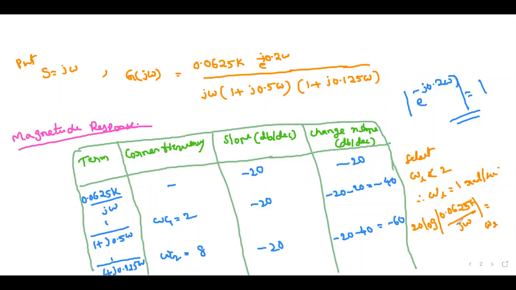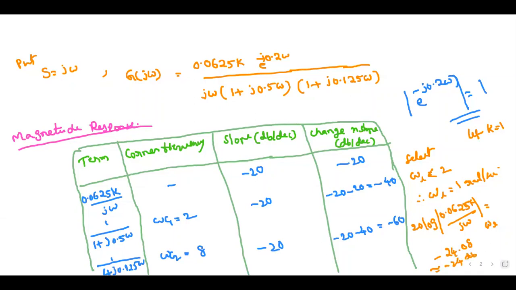The mod of j will go out. Then assume k is equal to 1 initially. Tell me the value. Minus 24.082 decibels, so approximately minus 24 dB.